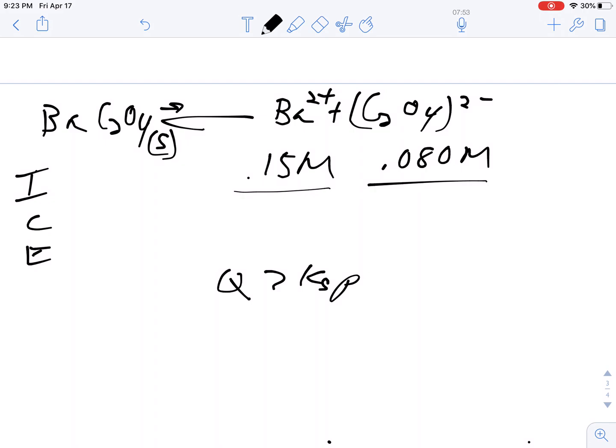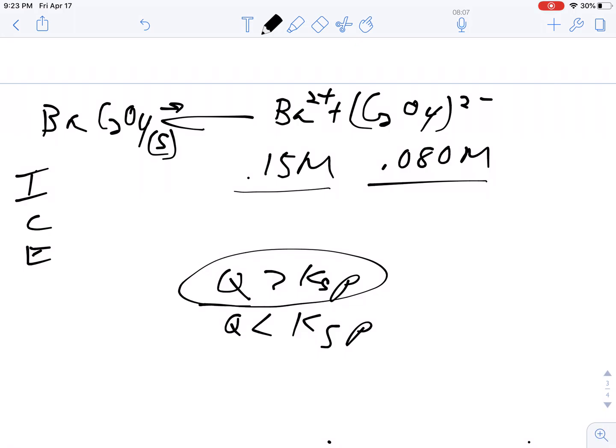Okay? If Q was less than KSP, then these would be the answers. But I am going to guess that we're actually in this situation.